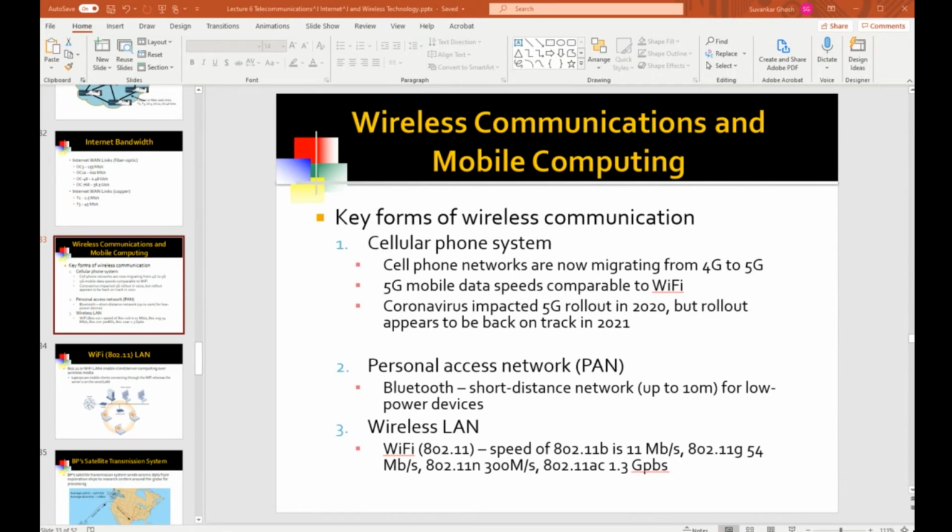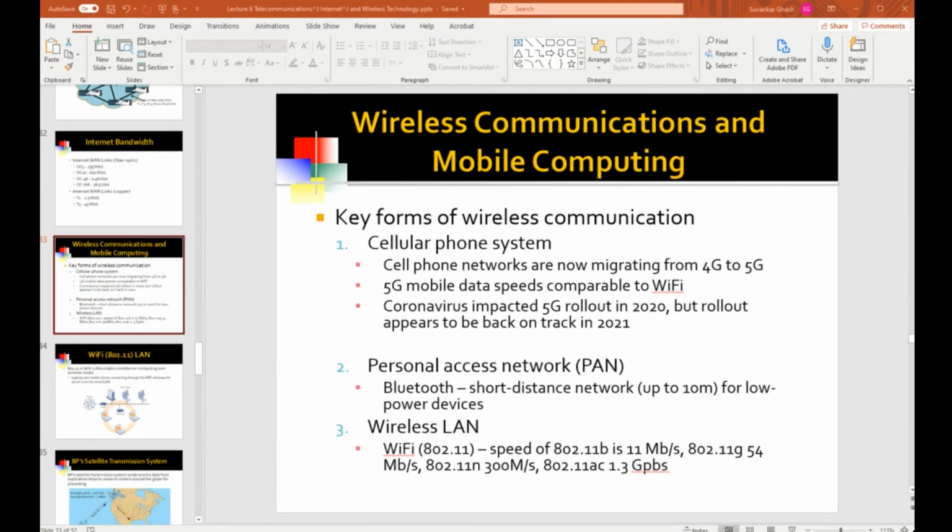So this is certainly going to be a boost in terms of performance, and it's going to boost mobile computing further. Like I said, the indications are that a lot of the 5G rollout will occur this year. One of the things is that 5G is going to offer performance close to Wi-Fi.